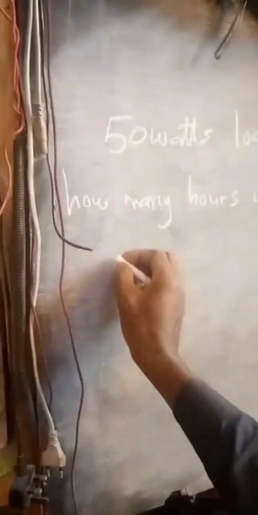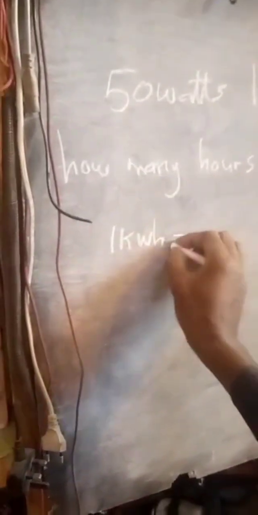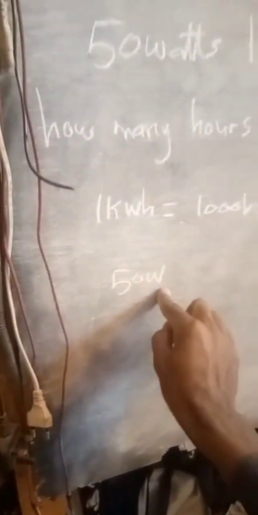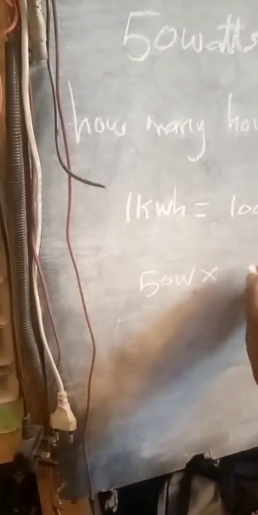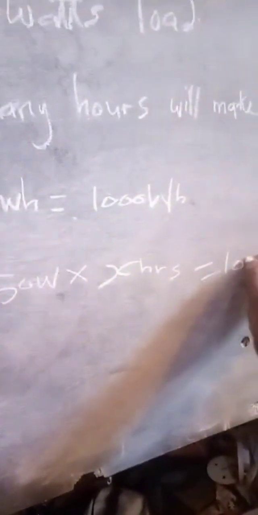So what we do is 1 kilowatt hour is equal to 1000 watt hours. So if I have 50 watts, I will be able to use it X hours to give me 1000 watt hours.